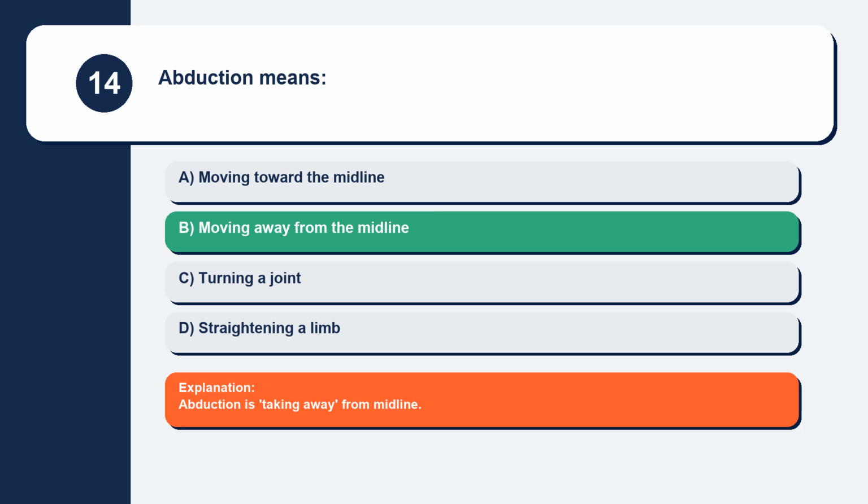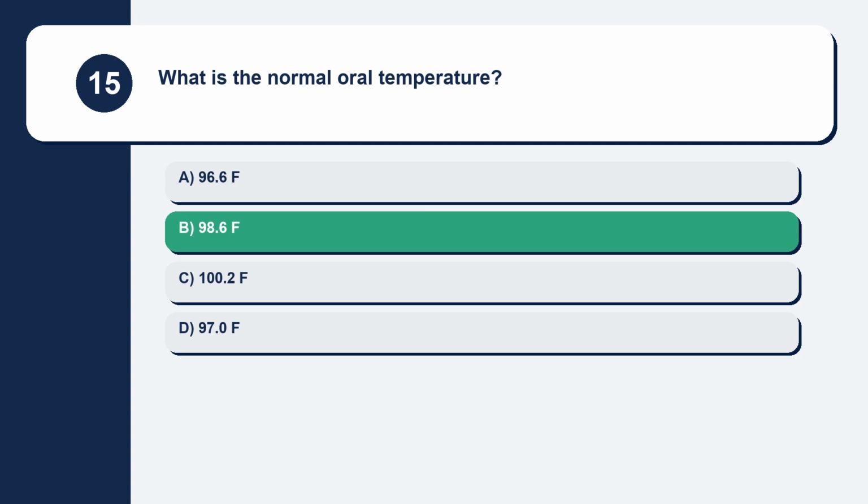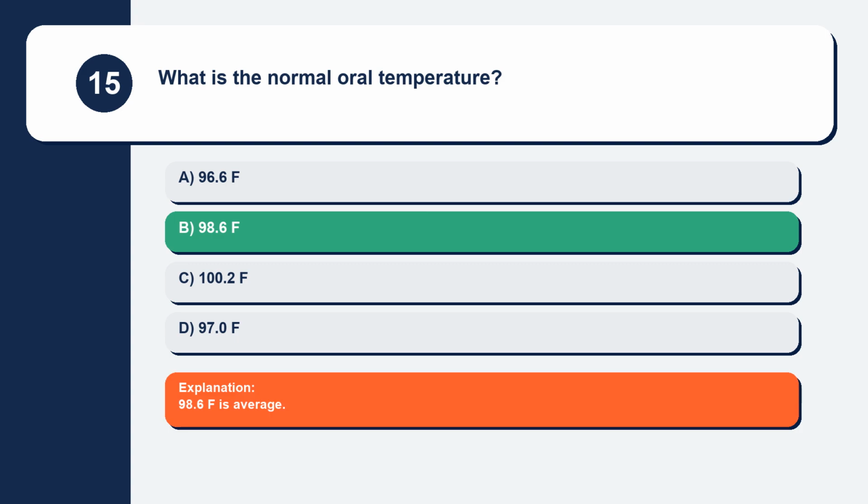Abduction is taking away from the midline. Question 15. What is the normal oral temperature? 96.6 F, 98.6 F, 100.2 F, 97.0 F. 98.6 F is average.